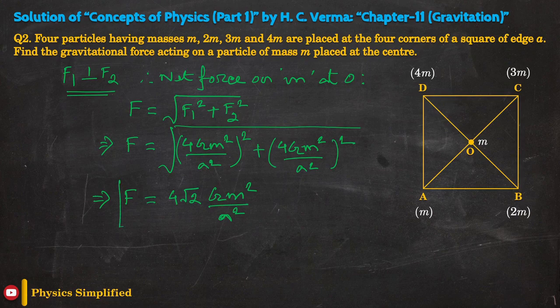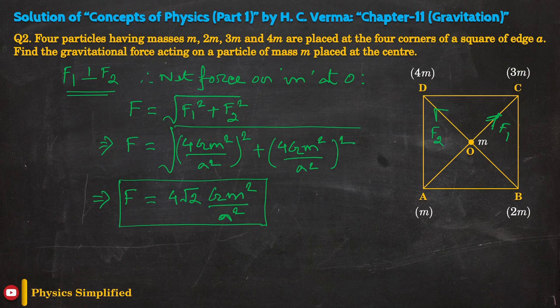This is the resultant of F1 and F2, which is also the total gravitational force acting on the mass m placed at O. Now we have the magnitude of the force. Finally, the direction of the force. F1 is directed along AC from A to C. F2 is directed along BD from B to D.